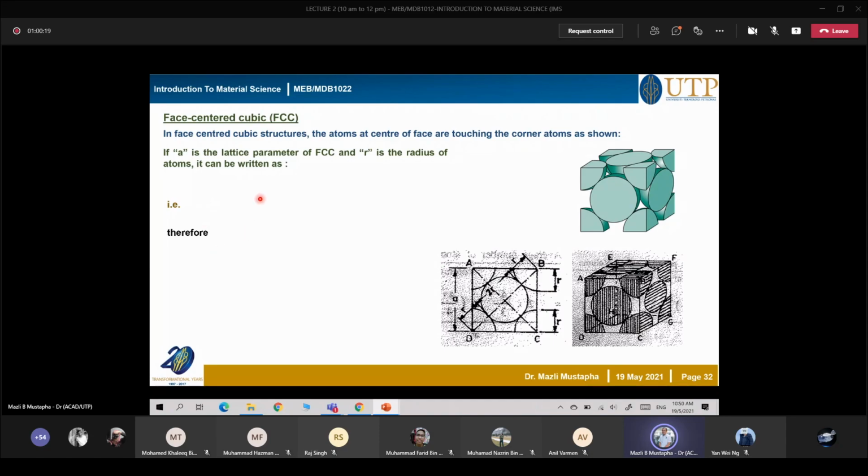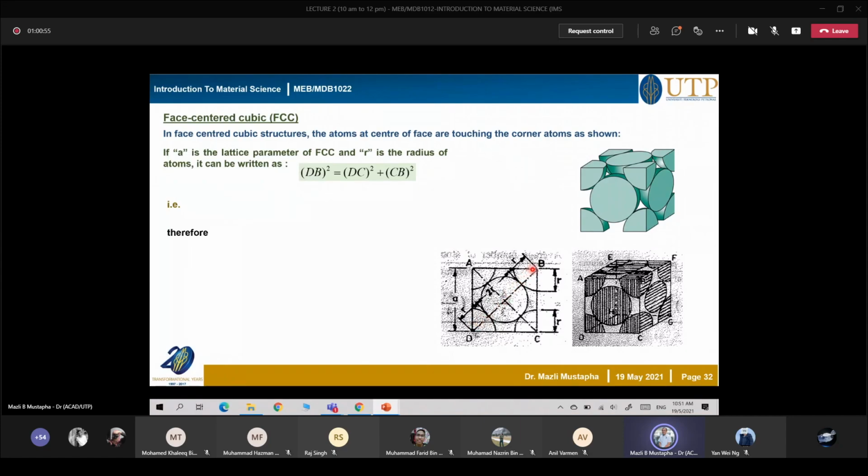So again, this is for the face centered cubic. We see this one, A B C D, and we know the atoms are touching along the face diagonal. Then we know the A. Before, it was the body diagonal; this one is the face diagonal.